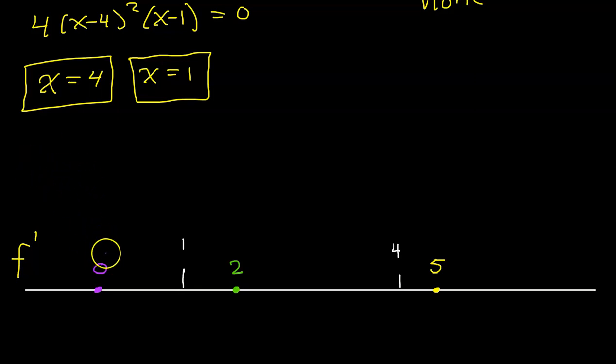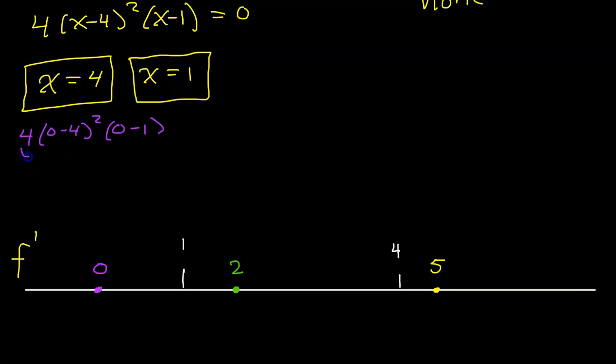So let's start with the 0. That's going to give us 4 times 0 minus 4 squared times 0 minus 1. So that's going to give us, well, 4 is always positive.